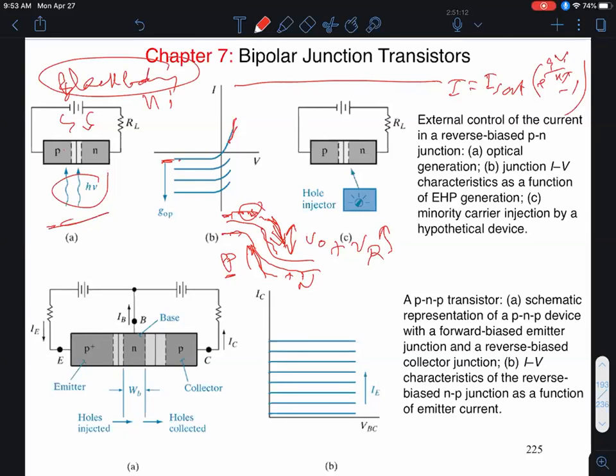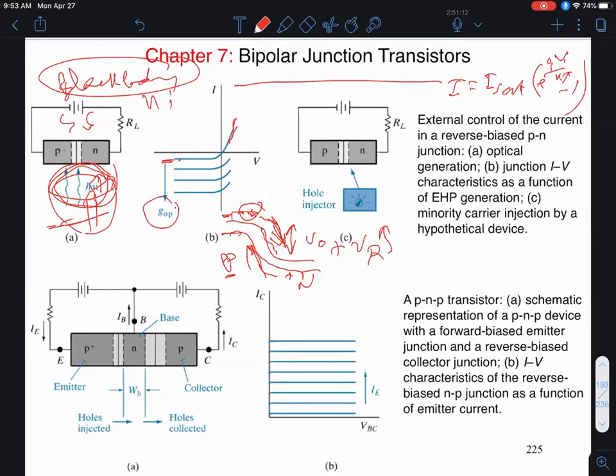Okay, so with that background, let's see what would happen if I now shine extra photons on it over and above the black body radiation that you can't do anything about, okay? So this is now a laser maybe shining on this junction, okay? Now next week, when we start talking about optoelectronics, we'll also talk about this, okay? And we'll see what happens with increasing levels of light, okay?